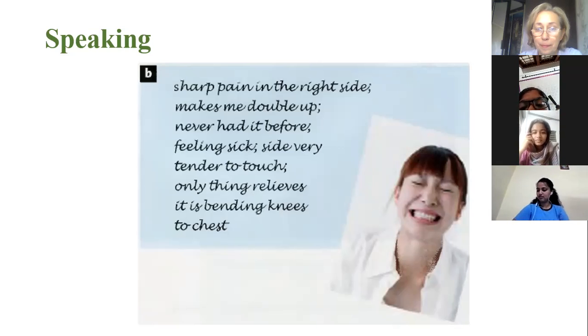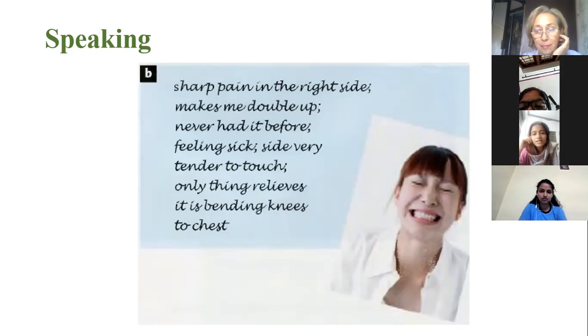It's very sick and very tender to touch. Does it radiate or move anywhere? No. It's a sharp pain. Is there anything else associated with this pain, sweating or vomiting? No, not like that.